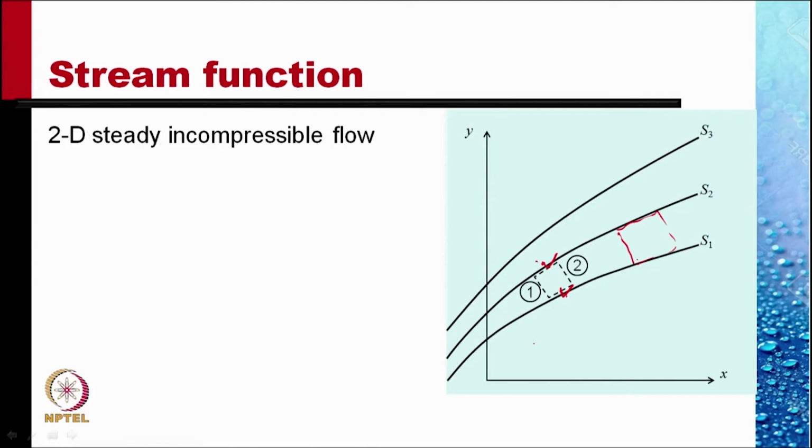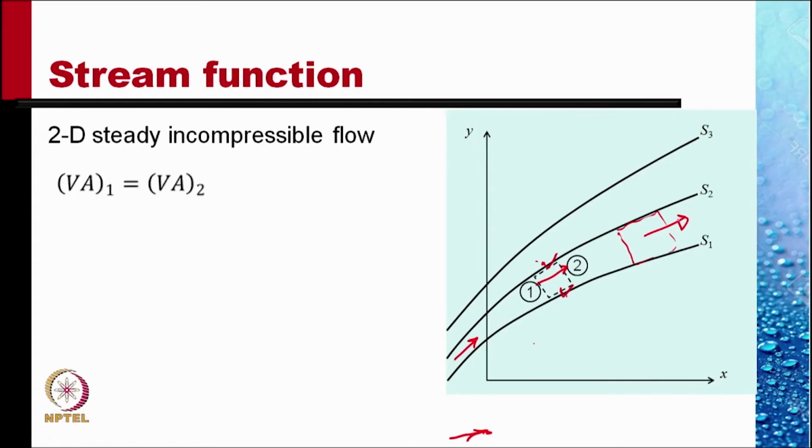What conclusion can we draw? That the mass flowing within two streamlines is constant at all locations. So the mass flow rate here is the same as the mass flow rate here, which is the same as the mass flow rate here. Everywhere we have the same mass flow rate.